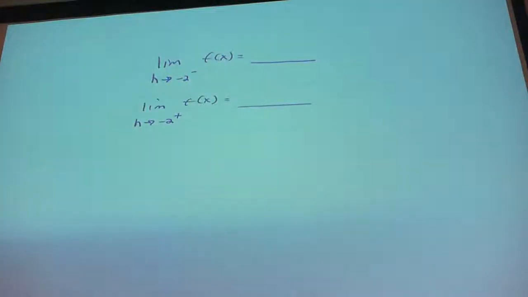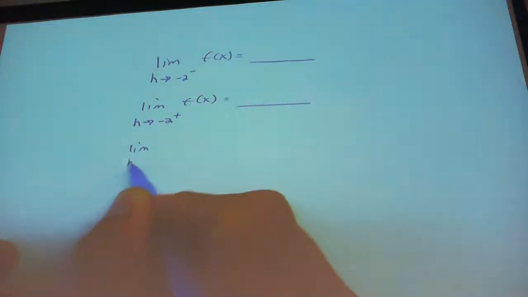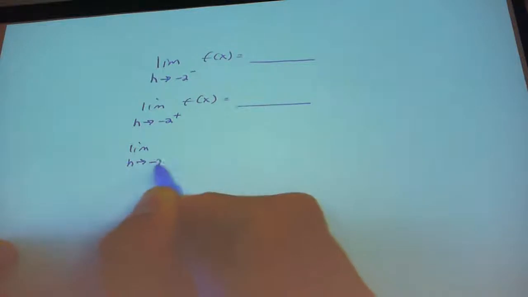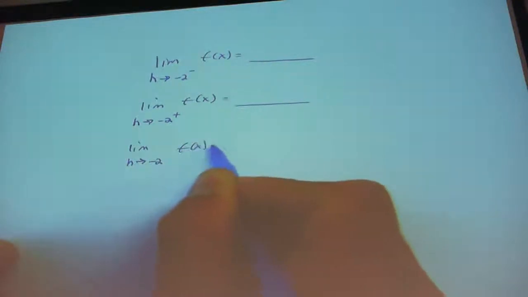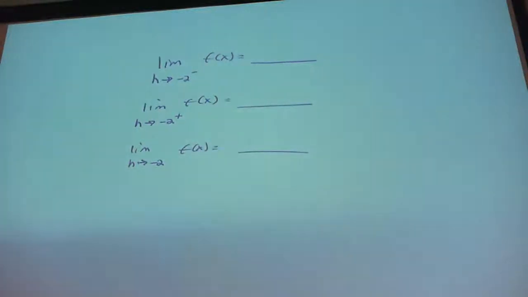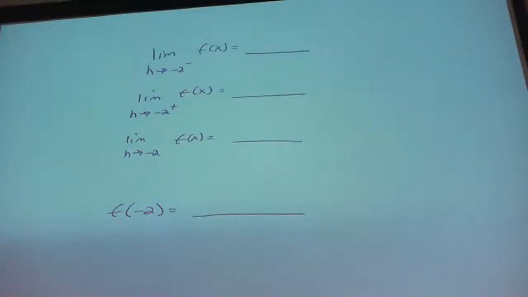Do that first, and that's going to tell us the limit as h approaches -2. Then I'm going to ask you a totally separate question: what happens when you plug in -2? So write that down first, then I'll bounce back to the picture.